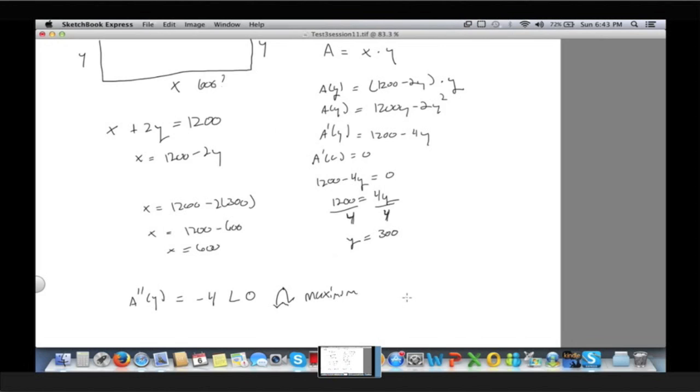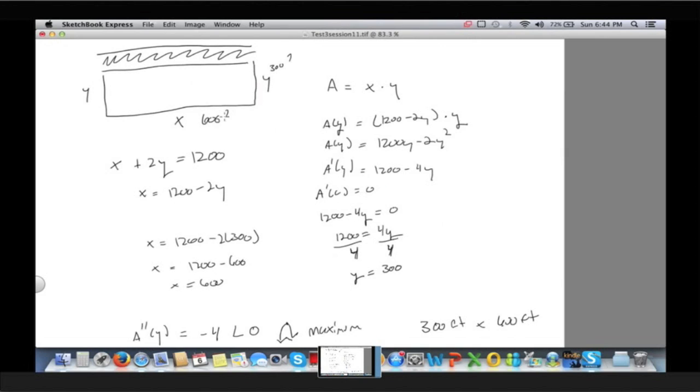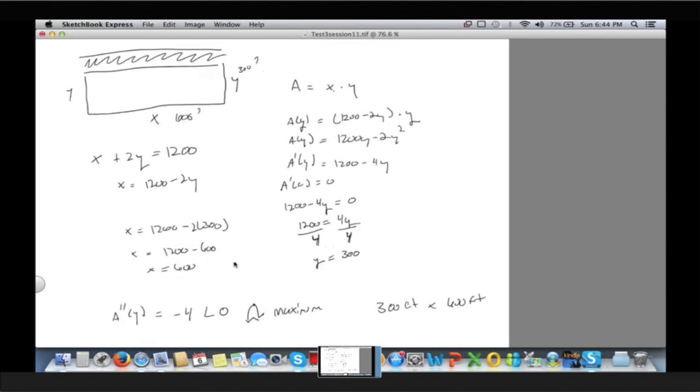And so the question said, what dimensions for the fence would give the field the largest area? So 300 feet. And if we add these up, 6, 9, 12. Okay, cool. Okay, well that's excellent. I think we got that right. That was a great process.